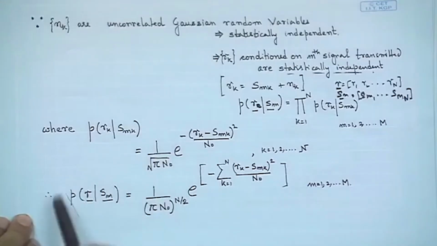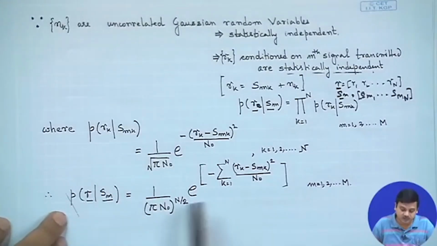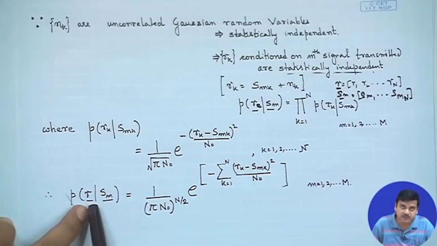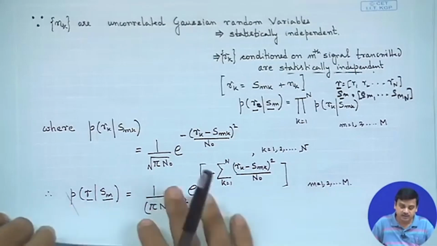So, in this part of the lecture, we will be looking at the next receiver structure, that is the matched filter realization. And once we are done with the matched filter realization and the correlator receiver, we will take advantage of this expression that we have arrived at, which gives us the PDF of the received signal components given the transmitted signal.